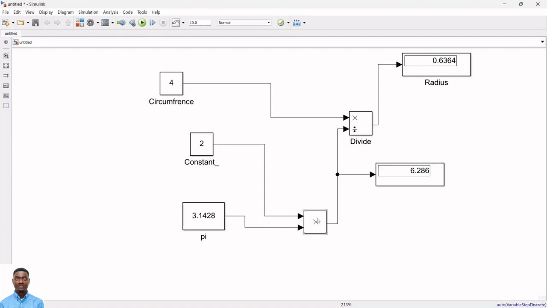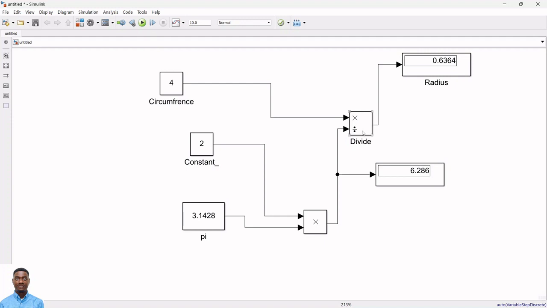So what happens in this block is the multiplication of these 2 signals, and it gives an output of their product, which is what we are seeing on this display block here. The product of this and this is what this block will compute, and the output will be that same signal into this destination.